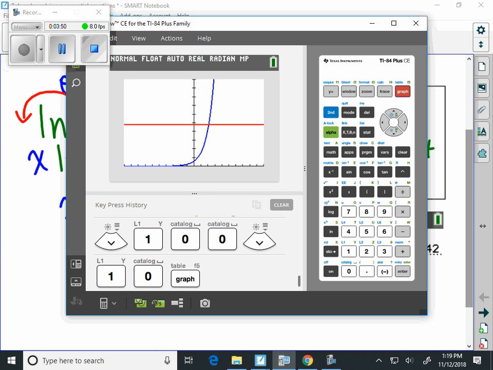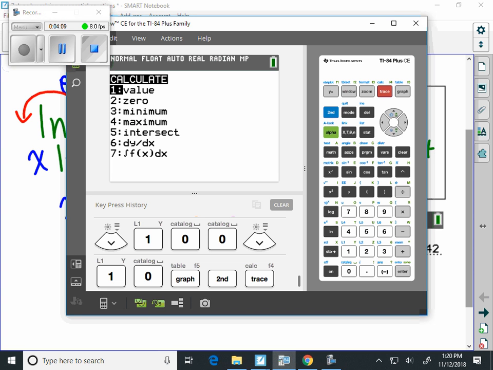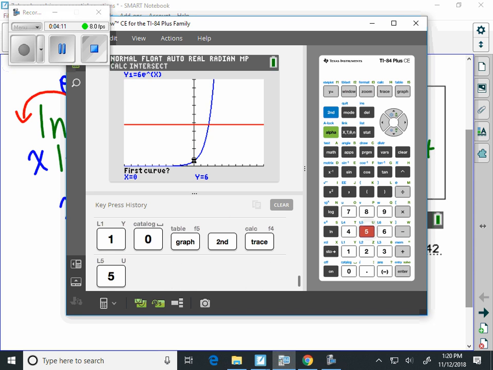And now we can see the whole picture. What we want to know is, what is the value of this point right here where those two intersect? The way that we use our calculator to help us find that is we go to second and then to the trace button, which gets us up to calculate. Number 5 is the intersect.